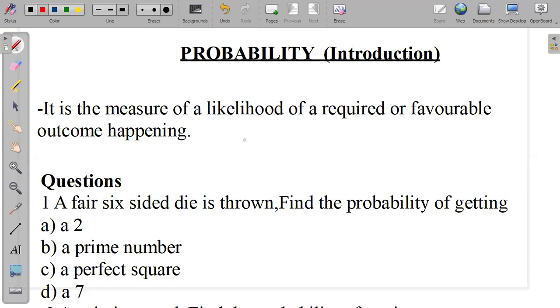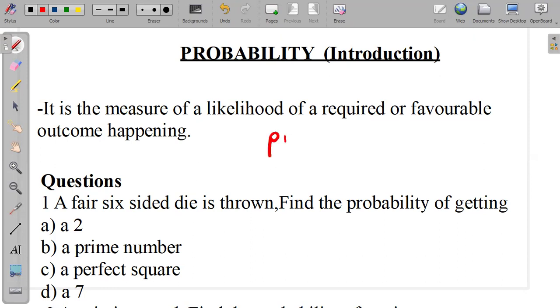I've done the introduction for probability only from mathematics, right? So let us first define what probability is. We are saying it is a measure of the likelihood of a required or favorable outcome happening. By that, it means we can present it as an equation.